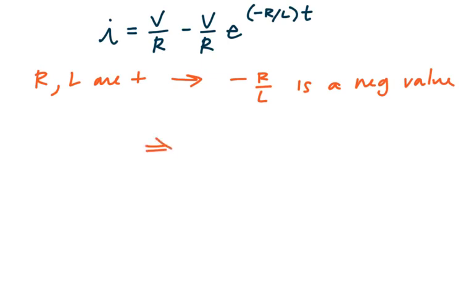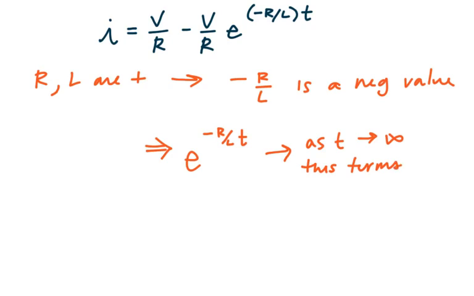So then, if we think about e to the negative R over L t, as t becomes infinitely large, this term goes to 0.